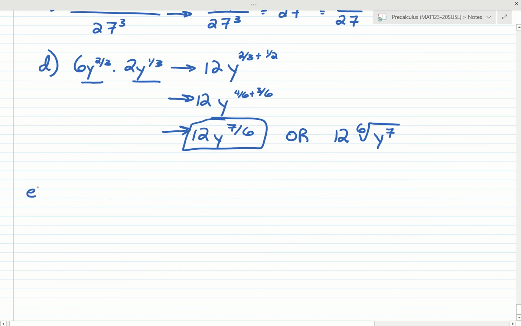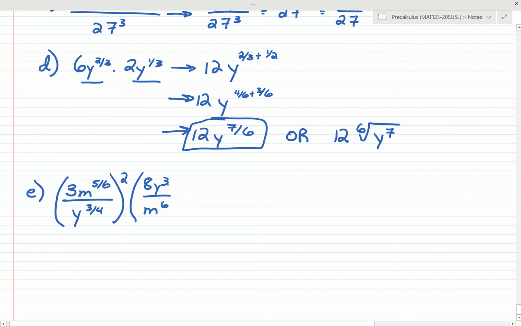How about a little bit harder here? Let's say 3m to the 5/6 over y to the 3/4, to the 2nd power, times 8y to the 3rd over m to the 6th, to the 2/3 power. So let's just go step by step here.